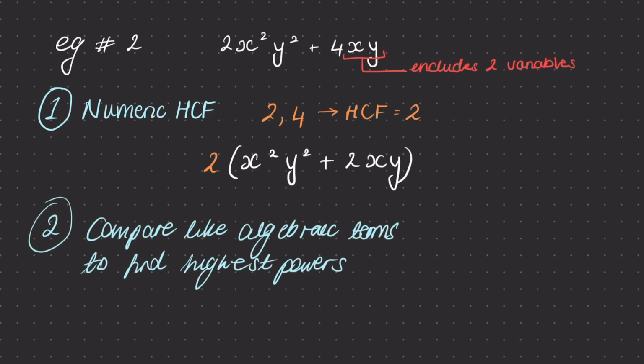Step 2 is where we see a difference because now we have these two variables. For now it looks quite simple, but in other questions when there are multiple variables and lots of terms, this method is really helpful because it prevents us from making little mistakes.